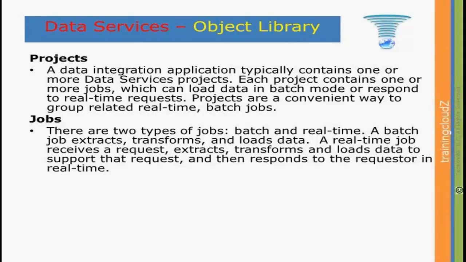It cannot receive a message, it cannot send a message. The email message is okay, but we are talking about an online message, which means on Amazon.com, someone raises an order. The order has to be moved from their web interface into an order processing system. There you will use a real-time job. You will not use a batch job.